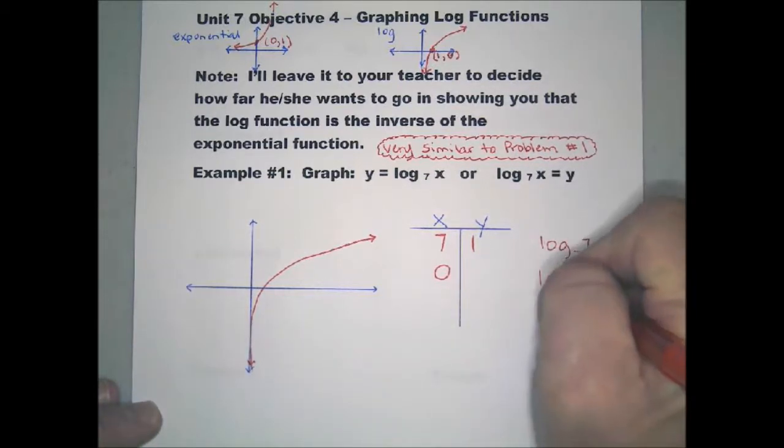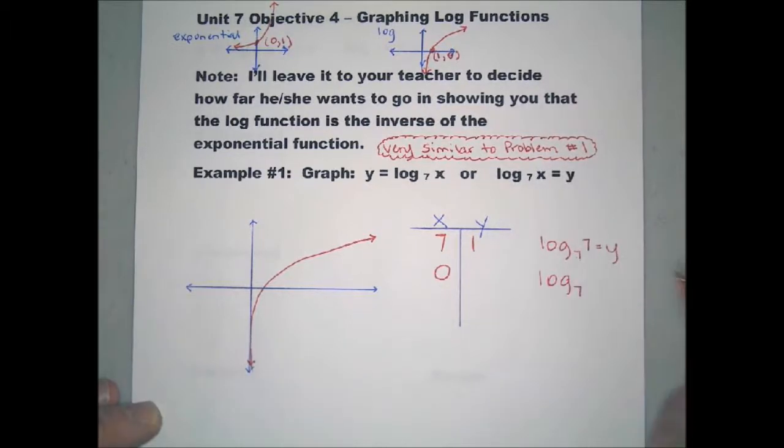So, log base 7, and I'm going to substitute a 0 in there for that x, and make that equal to y. So really, what I'm saying is what power turns the number 7 into the number 0? If we take this out of log form and into exponential form, that's actually the equation that's trying to be created.